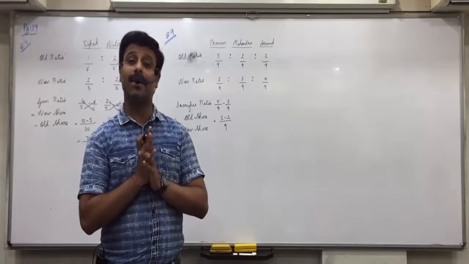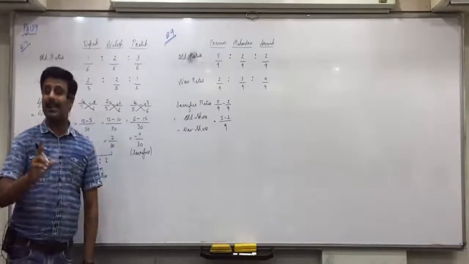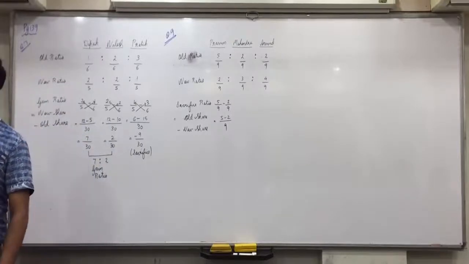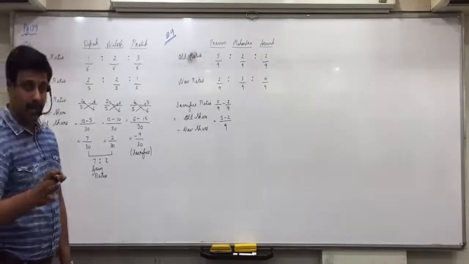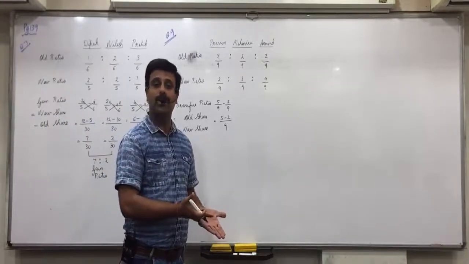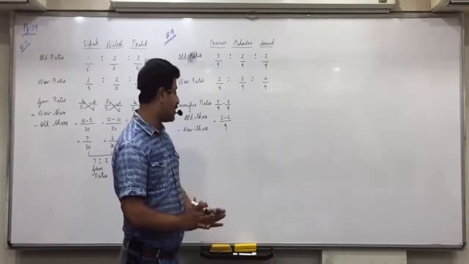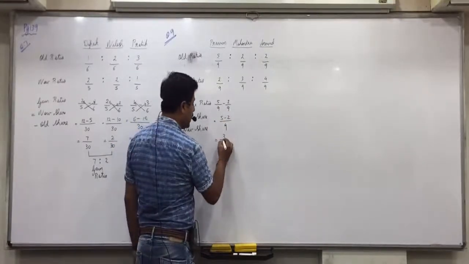Raise your hand. Genius. I discussed it yesterday, that's the reason I compulsorily made everyone solve one question by both the methods. And I told you in certain situations it will be totally useless to do it by the product method. When the denominator is already the same, then why do this? Maths is not such a poor subject either. So 5 minus 2 by 9, straight away 3 by 9.